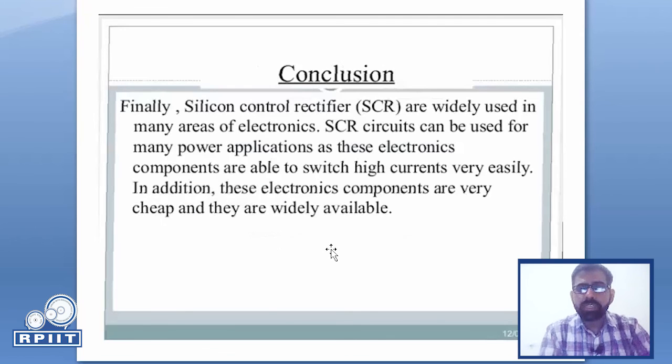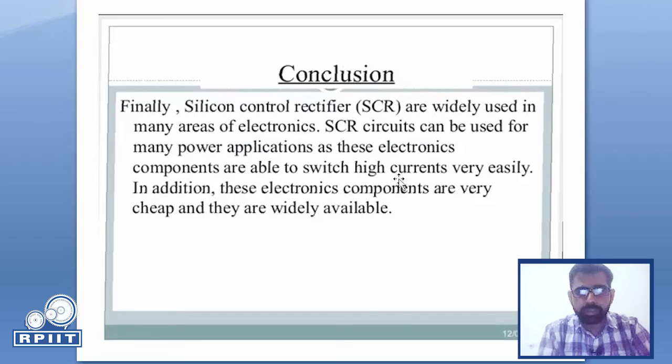Finally, we make the conclusions. SCRs are widely used in many areas of electronics. SCR circuits can be used for many power applications, as these electronic components are able to switch high current very easily. SCR circuits are used nowadays in many power applications, including very high frequency switches.